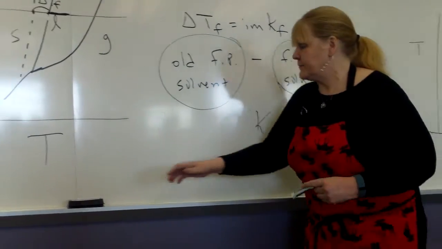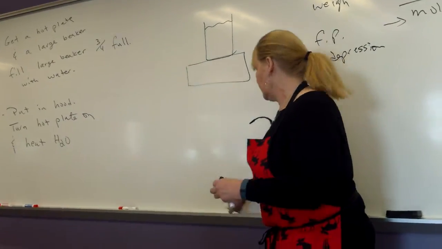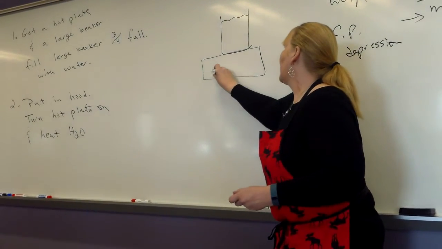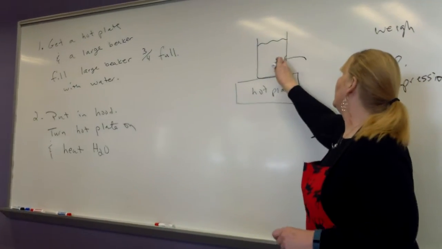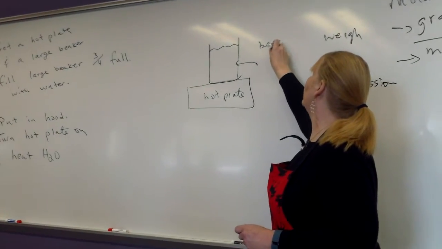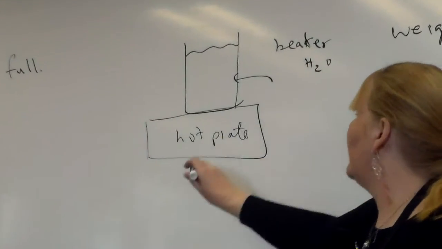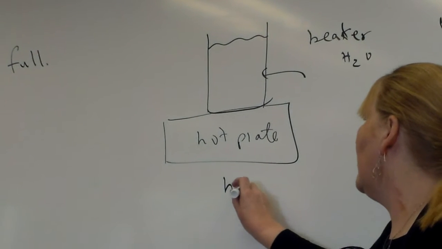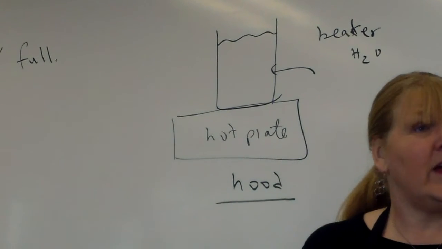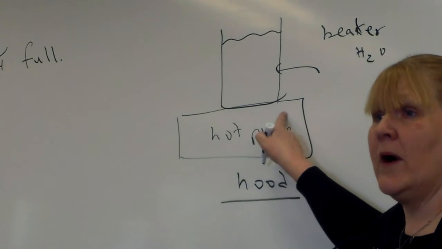So step 1, you're going to get a hot plate and turn it on nice and warm. You're going to put a beaker full of water on it. Water is going to be our heating source here. You're going to do this under the hood because naphthalene stinks. We good? Okay.